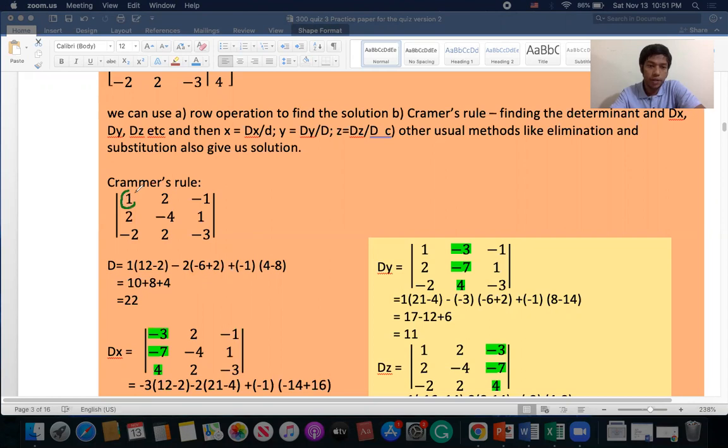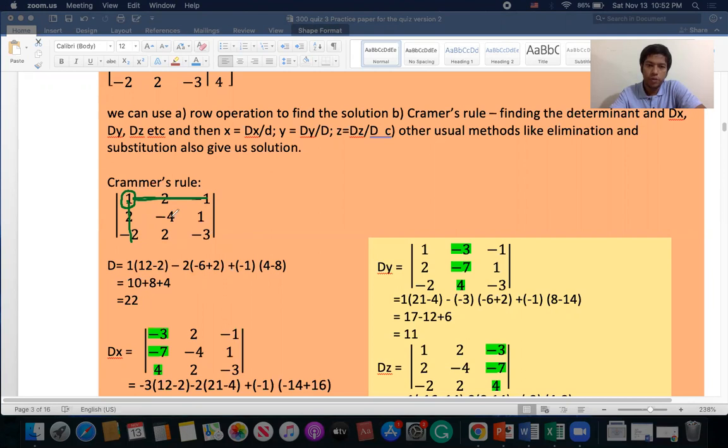And we have here 1. For this 1, how do we calculate? This is the rule. First of all, if we take this 1, we cut the horizontal and vertical line along that chosen number. Then we have just this sub part here.